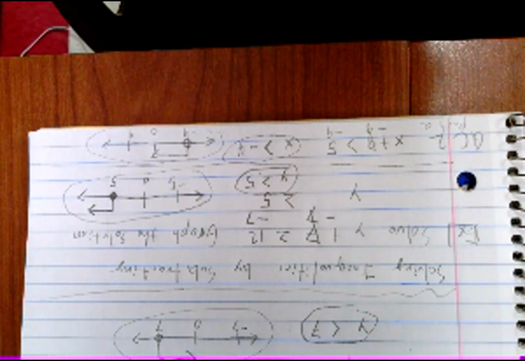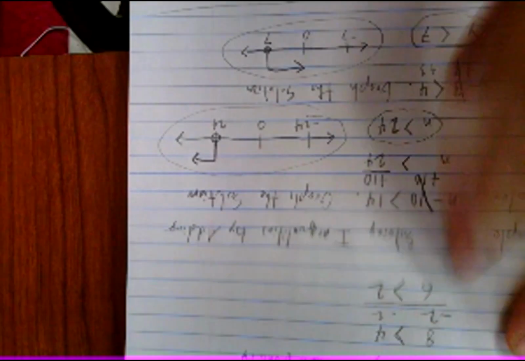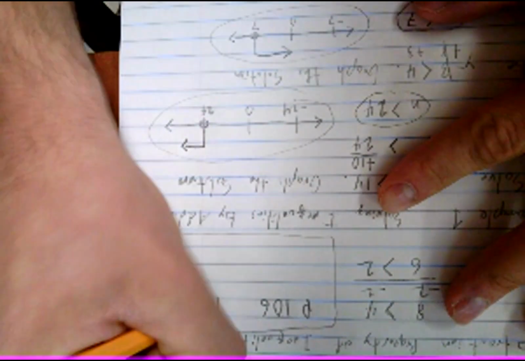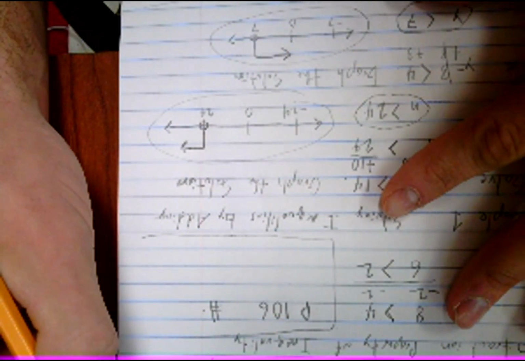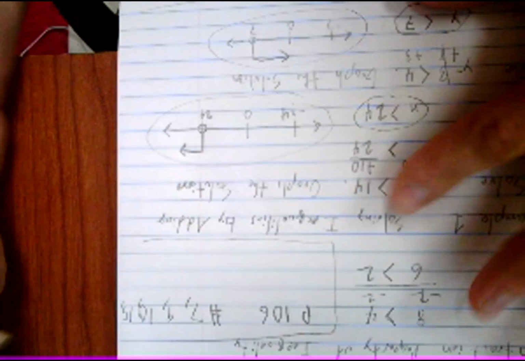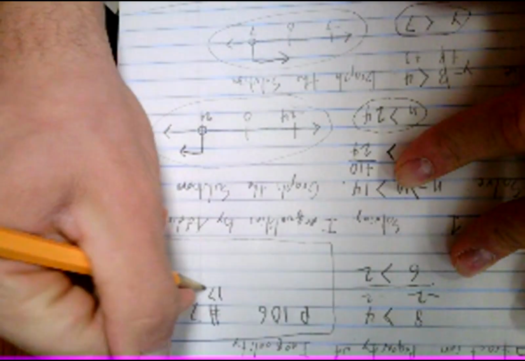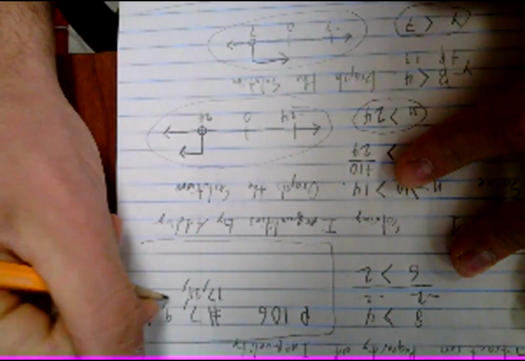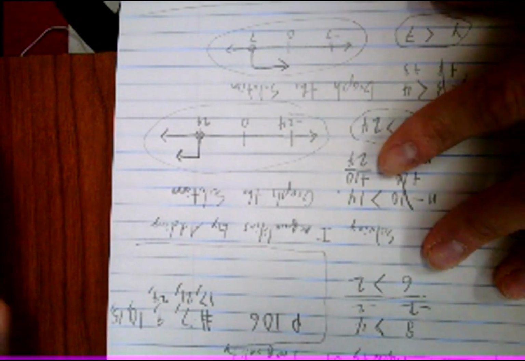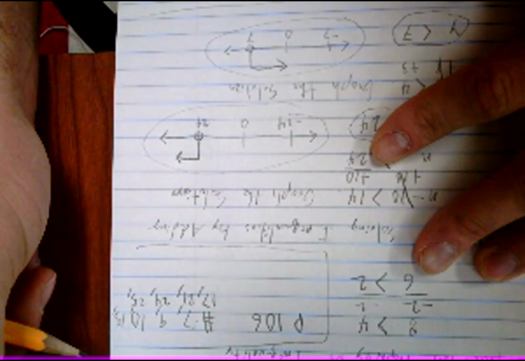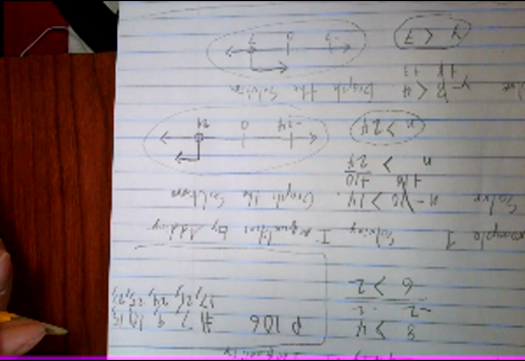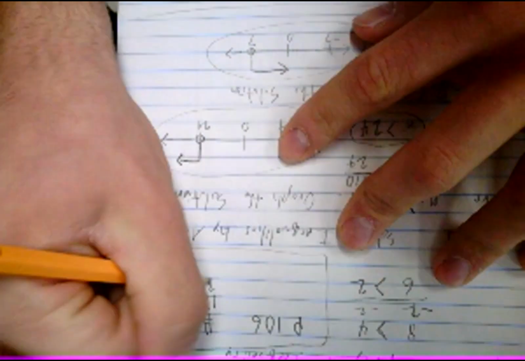Now I'm going to write your homework here. Your homework is going to be page 106, numbers 7, 9, 10, 15, 17, 21, 24, 25, 27, and 37.